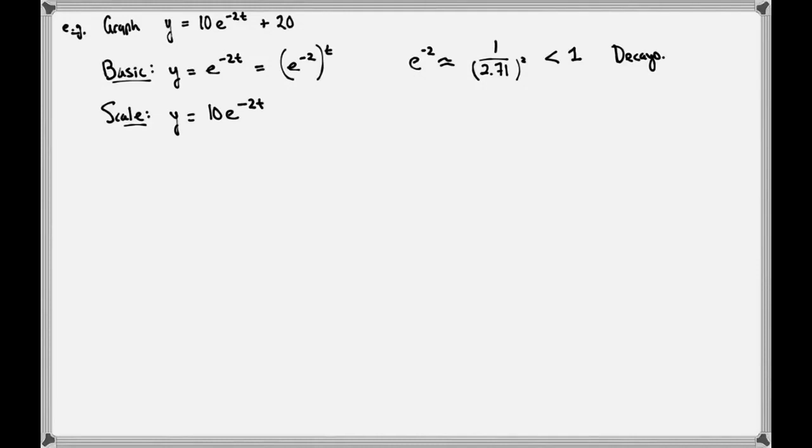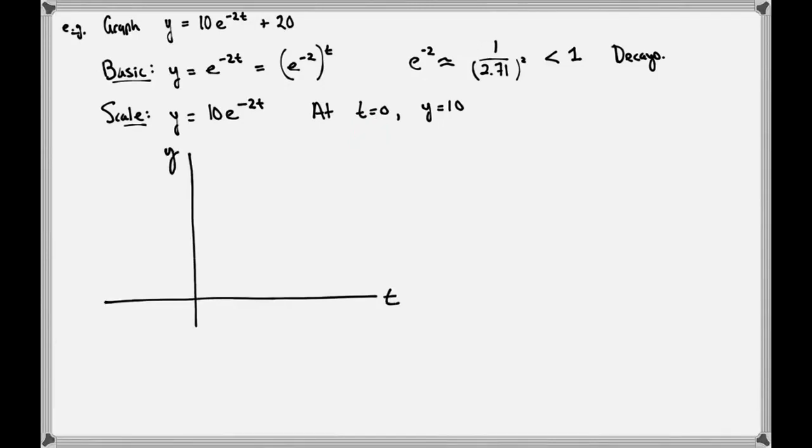So if I'm looking at y equal to 10 times e to the minus 2t, I'm just going to take my original graph, and at t equal to 0 now, I'm going to see y equal to 10 times 1, or just 10. Again, e to the 0 will be 1, and so that factor in front is really telling you how much you have at t equal to 0. So our graph will be decaying, and initially, where it hits the y-axis, we'll see (0, 10).